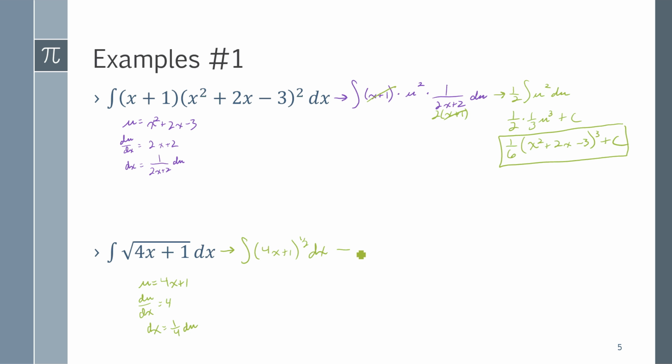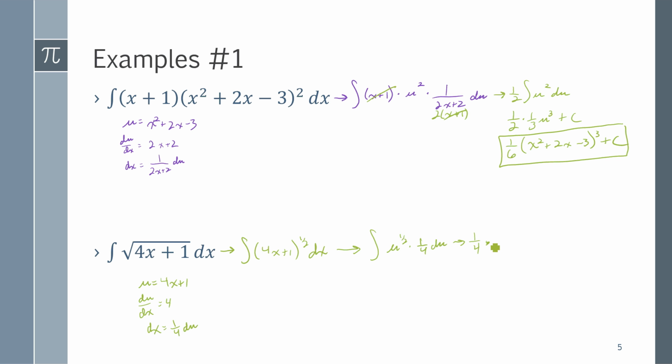I can then do my substitution. Replace the 4x plus 1 with a u, and dx is being replaced with 1/4 du. No x's are left, so this looks like a good substitution. So I can start working on my antiderivative. 1/4 is a constant multiple.